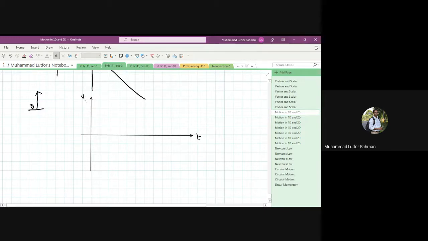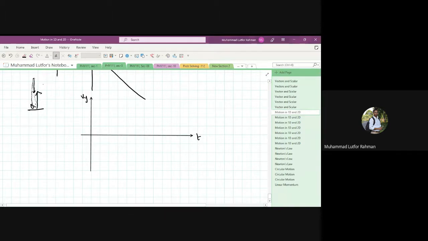Decreasing, right? Initially, whatever the velocity is in the upward direction, it gradually decreases. That's why at the top point its velocity becomes zero. Then it falls again in the downward direction. After crossing the maximum point, it's moving downward, and the velocity will increase, but in the negative direction.